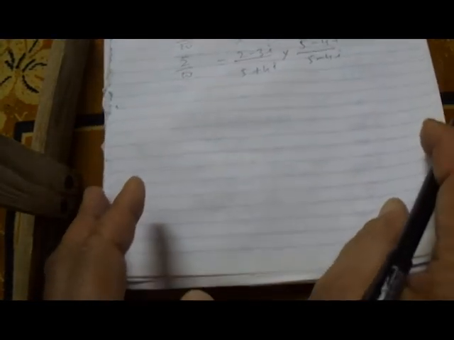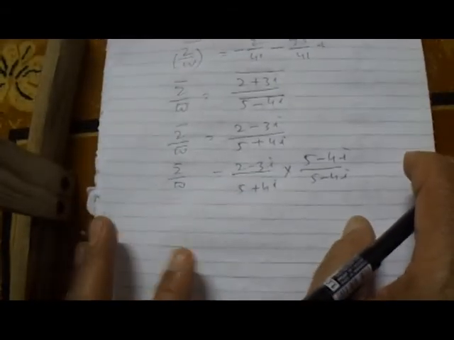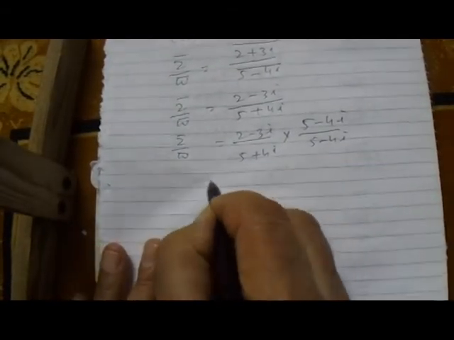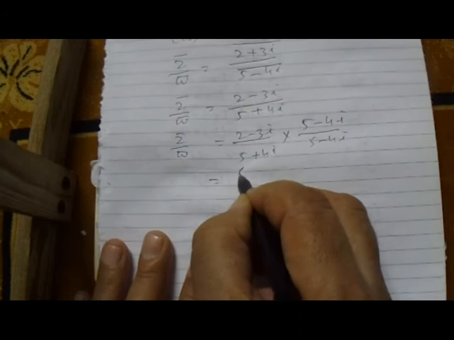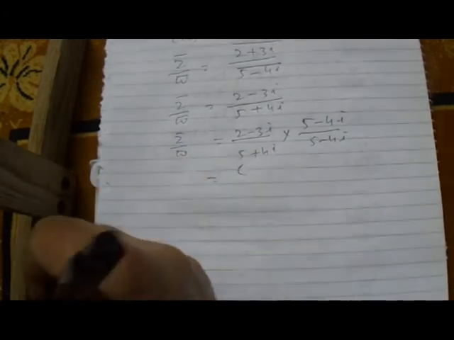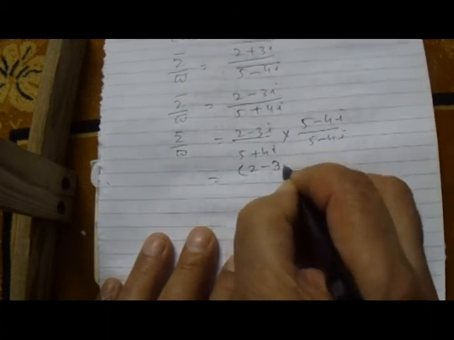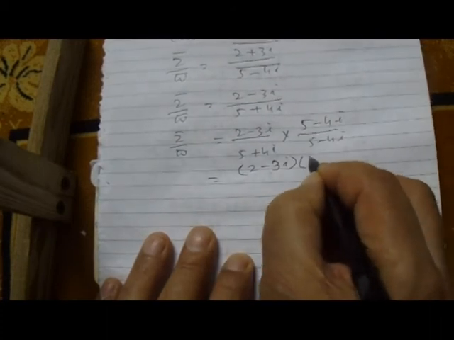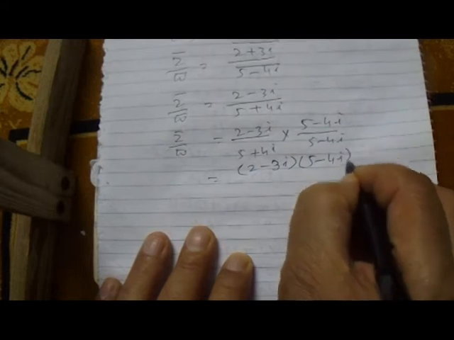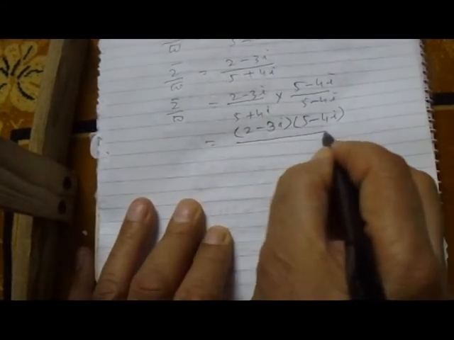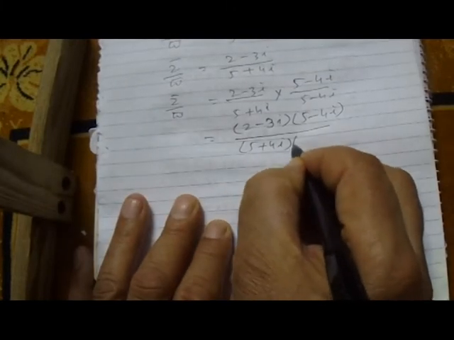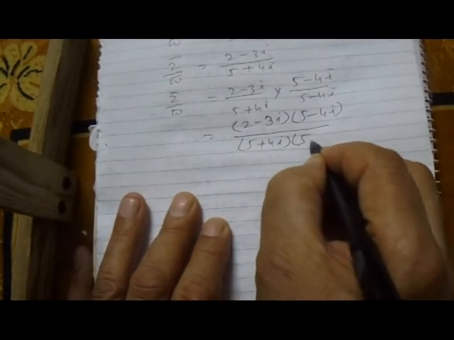Now we multiply this, this is equal to, we write in brackets (2 minus 3i) and in brackets (5 minus 4i). Now this again we write this 5 plus 4i and also 5 minus 4i.